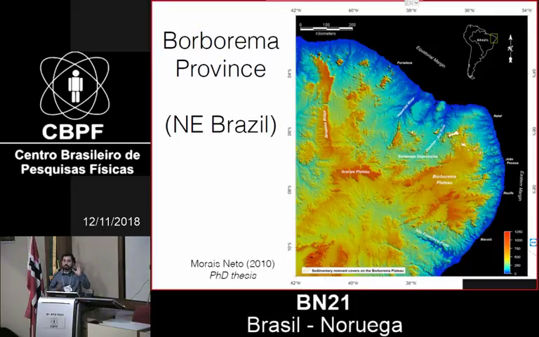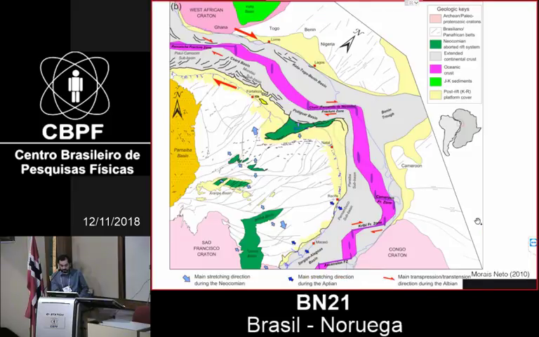Based on these ideas and the difficulty of the planet Earth to displace the surface, we will look at an example from the northeastern portion of Brazil, the Borborema Province. This is a region with a complex, three-dimensional margin geometry. We have the connection between the equatorial margin and the eastern margin, and the geology is also very complex.